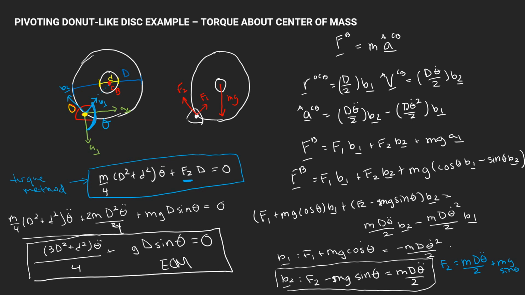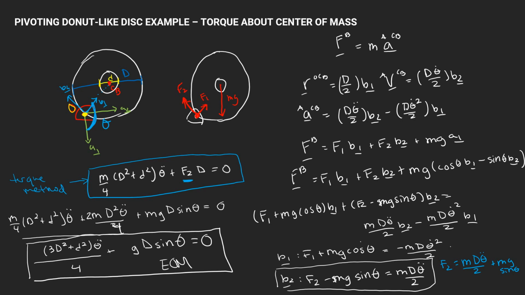Now, one key difference, of course, using this method, using the torque about the center of mass equation, is that these F1 and F2 forces drawn here we had to account for them. When we took the torque about the instantaneous center of rotation, about this point here, we didn't have to care about those forces. We only had to deal with the effect of gravity.